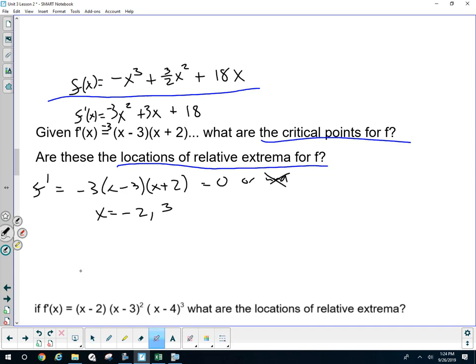Tell me, are those critical points maxes or mins? Go. Don't forget about this negative 3 in front of things.